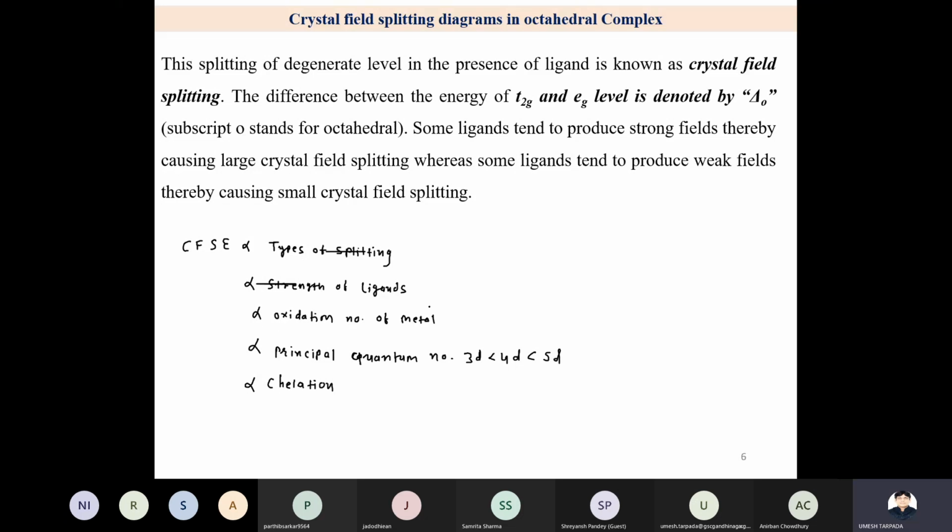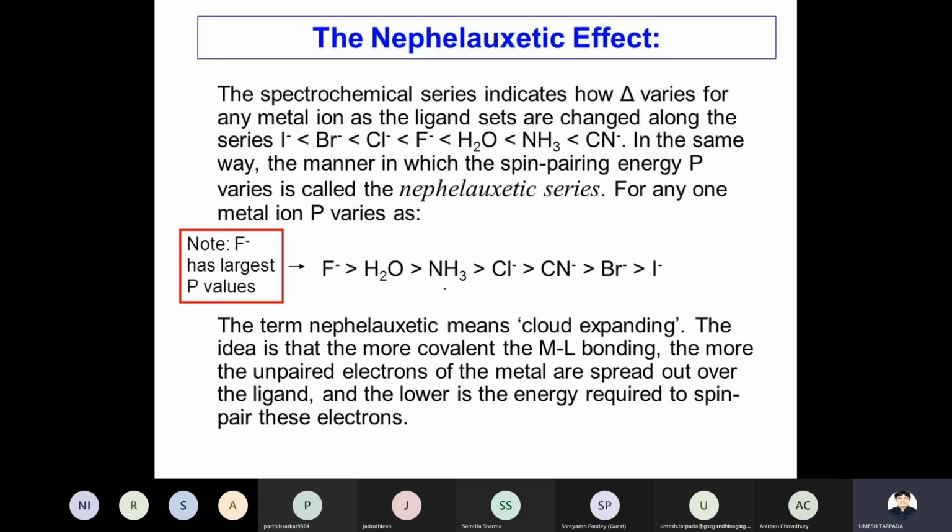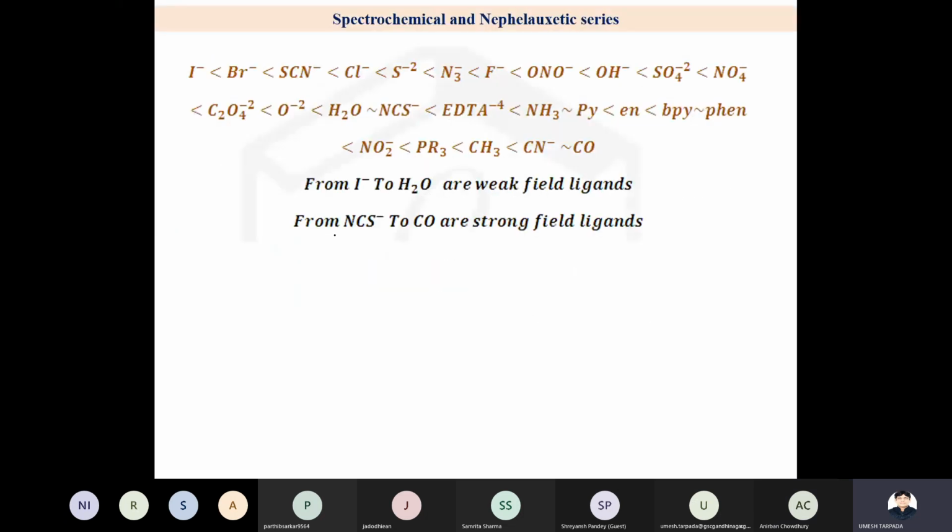So what happens in the case of a strong ligand? This is the spectrochemical series, where ligands are arranged according to increasing order of their field strength.